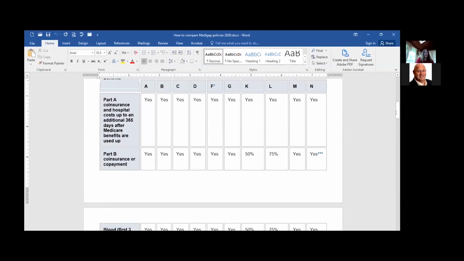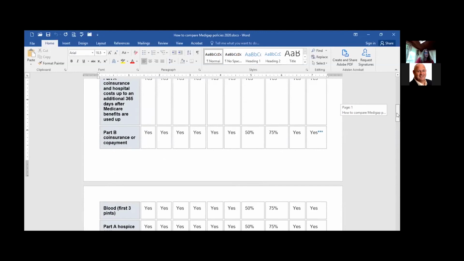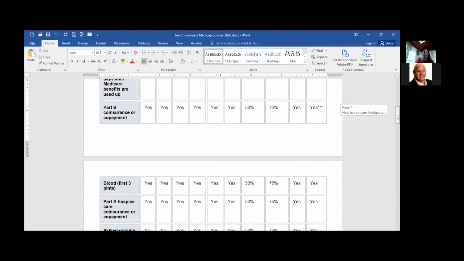So Part B, which is your outpatient care part of Medicare, some of them, the ones that say yes, you can see down in the left column what it's for, kind of broken by the page divider there.